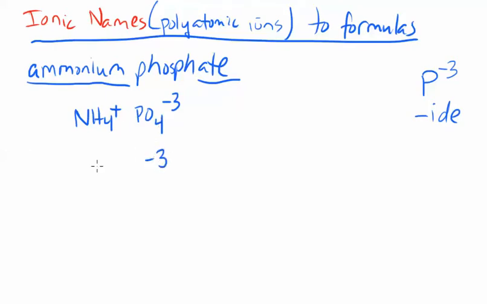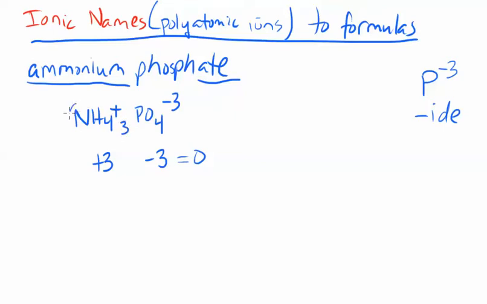And to cancel out that negative 3, we need a positive charge of plus 3, because 3 minus 3 is 0. So how many ammoniums will it take to get to plus 3? What times 1 will give us 3? Well, we need 3 ammoniums.